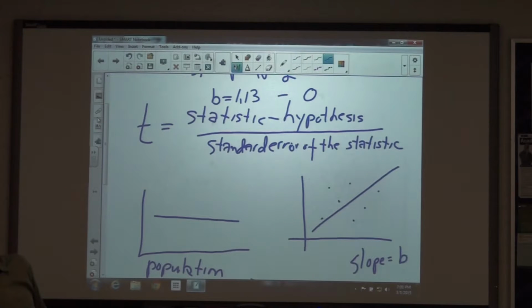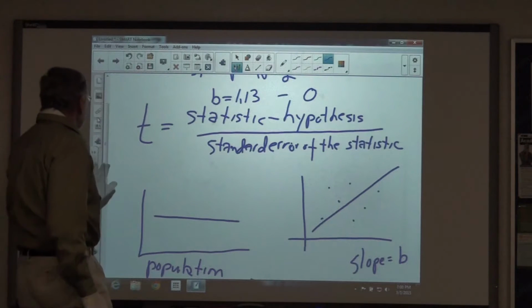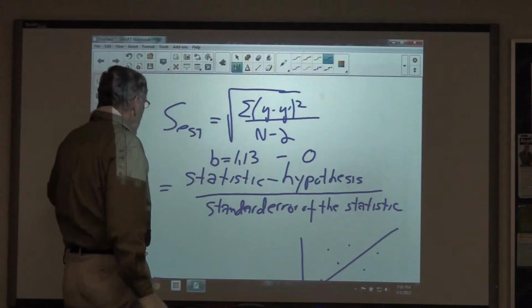Yes, ma'am? The standard error of the statistic is the standard error of the slope. No. The standard error of the statistic is the standard error of the scatter of the points about the regression line. Then how does finding the standard error of the slope help us with the t-value? Because you're looking for the significance of the slope.